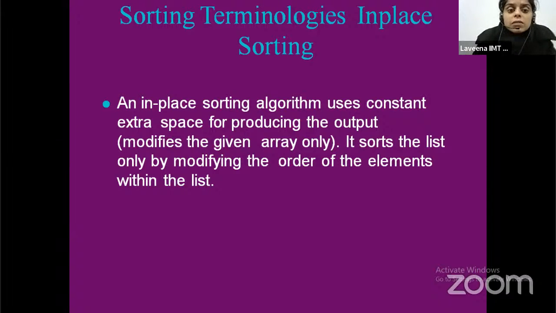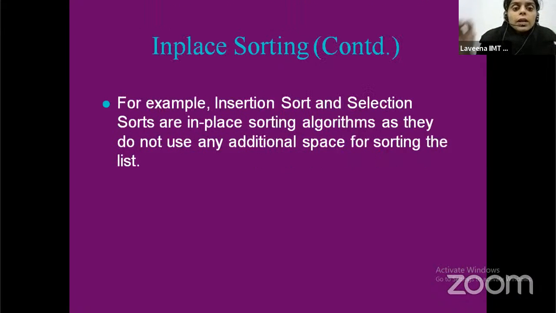An in-place sorting algorithm uses constant extra space for producing the output and modifies the given array only. We sort the list by modifying the order of the elements within the list. So in-place sorting applies when we don't require extra space for storing our list. For example, insertion sort and selection sort are in-place sorting as they do not use any additional space in memory for saving their sorted list.